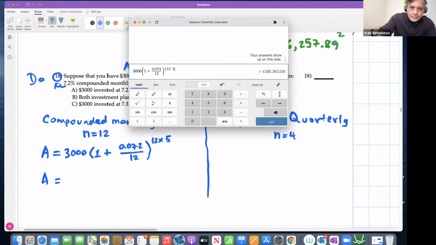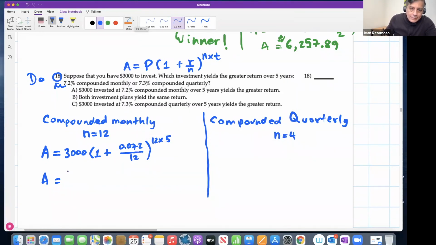You can write 60 there if you prefer, guys. Writing the whole thing. All right, I got 4,295.37, right? Rounded to 2 decimal places, up to cents. So 4,295.37.